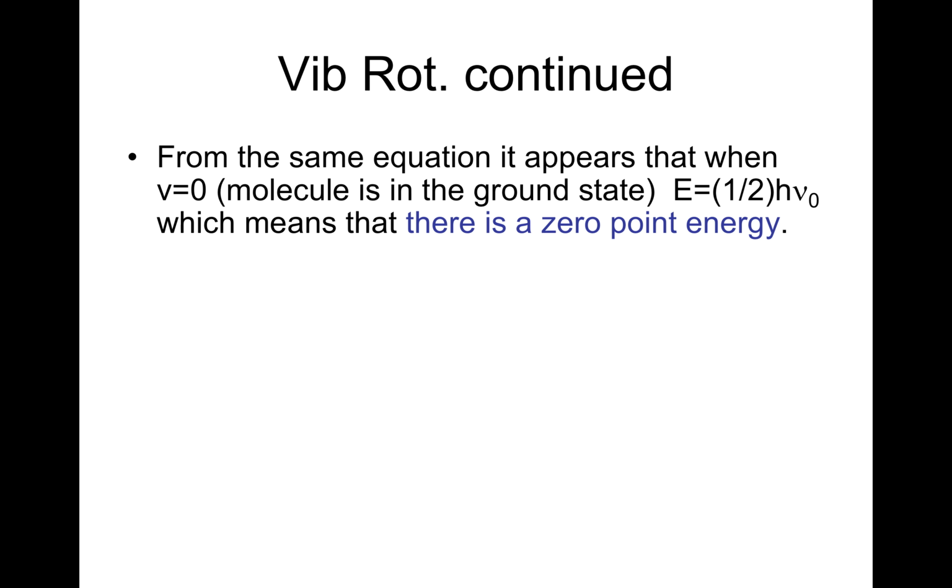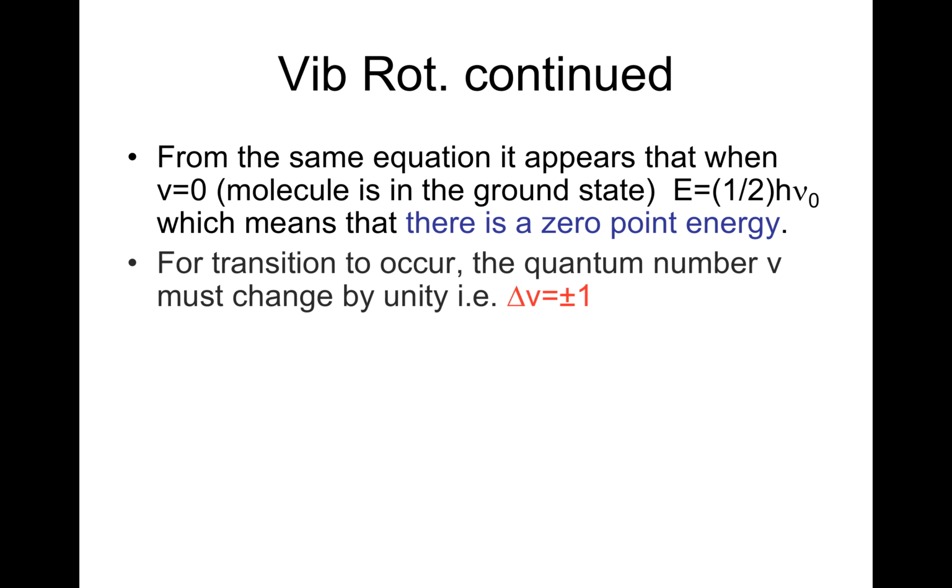From the same equation, it appears that when v is equal to 0, the molecule is in the ground state. That is, E is equal to half h nu naught, which means that there is a zero-point energy. For transition to occur, the quantum number v must change by unity, i.e., delta v is equal to plus or minus 1.